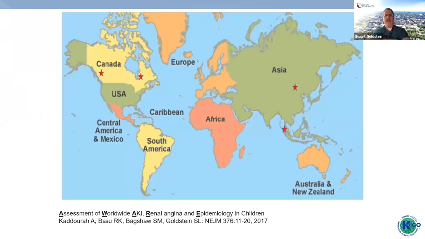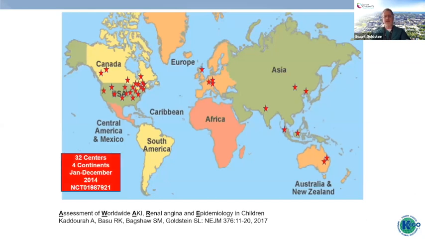This was a multinational, multi-continental study, as I've mentioned, with a North American predominance. Unfortunately, we were unable to enroll patients from South America or from Africa due to the challenges that I had mentioned before. This was a prospective observational study over a 3-month calendar period at any 3 consecutive months within the year 2014.